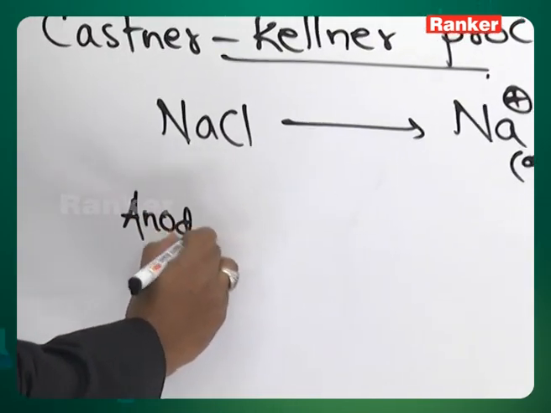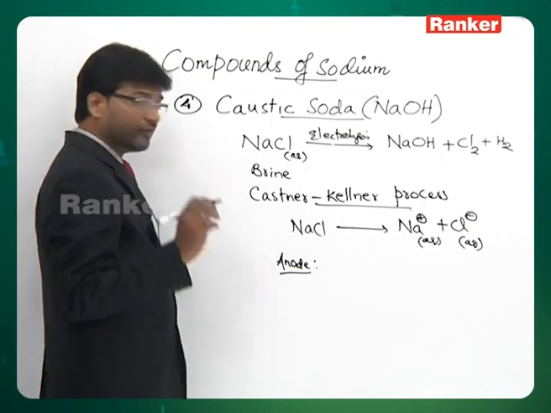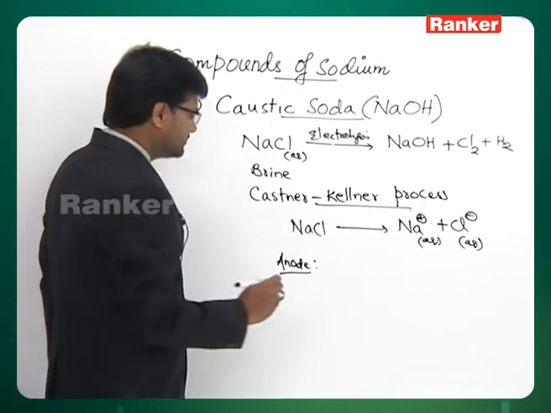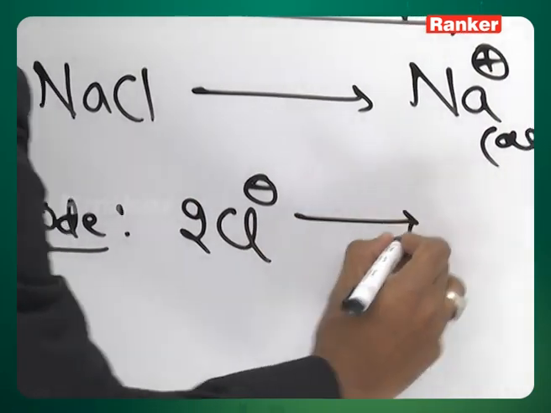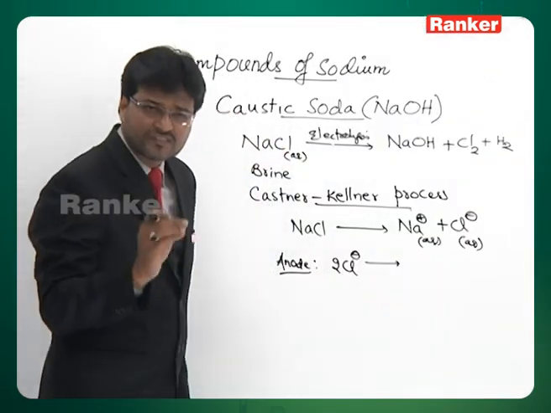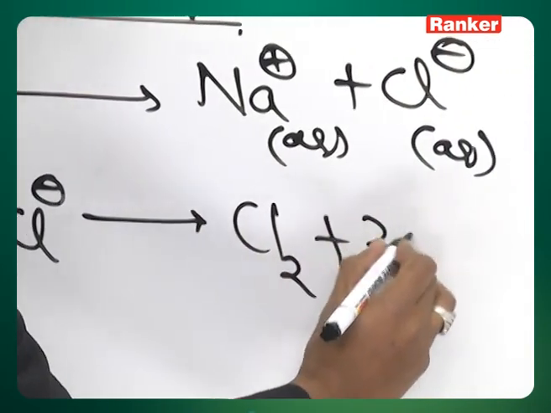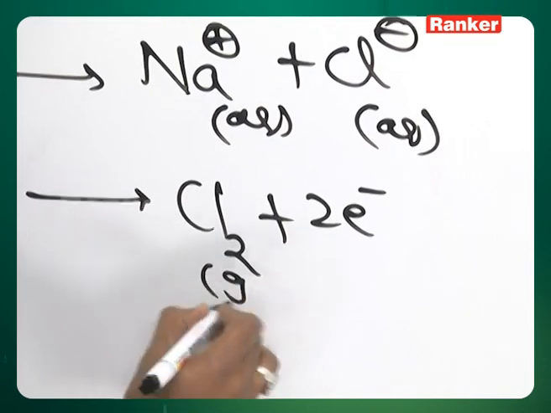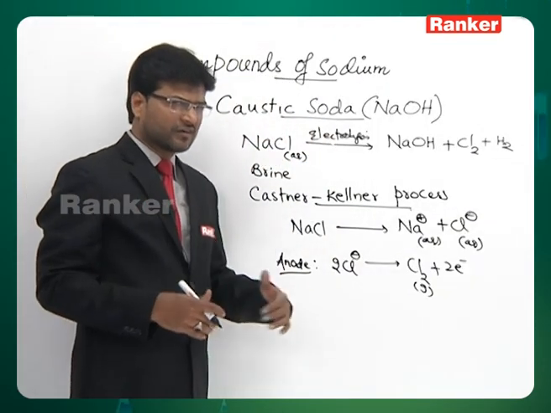A graphite rod is used which acts as an anode. Anode is a positive electrode, so Cl- moves towards the anode, loses an electron and transforms into Cl2, which comes out as a gas. This is called oxidation.